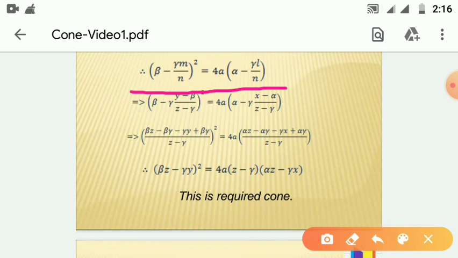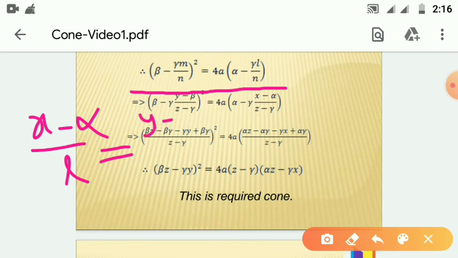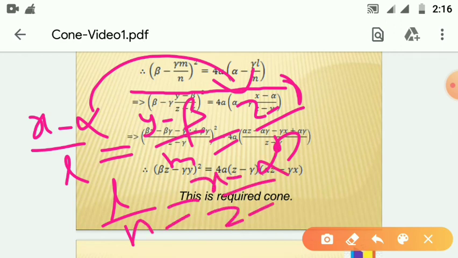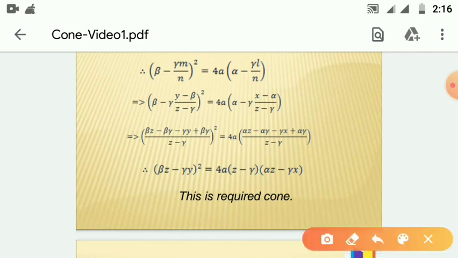As usual, since (x minus alpha) by l is equal to (y minus beta) by m is equal to (z minus gamma) by n, by taking first and last, we can obtain that l by n is equal to (x minus alpha) by (z minus gamma), and similarly m by n is equal to (y minus beta) by (z minus gamma).